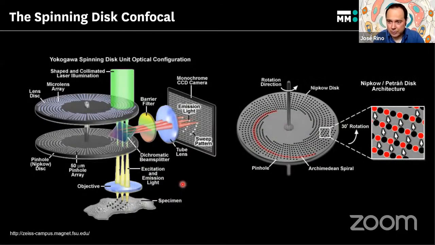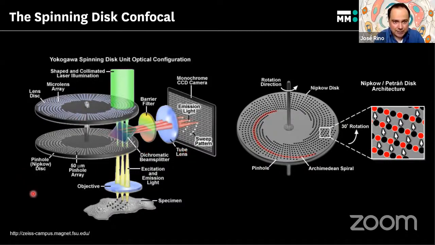Let me explain to you in more detail how this works. So this is the pattern of pinholes on the disk. The distribution of the pinholes follows an Archimedean spiral, which is a trajectory that makes sure that precisely each point on the sample will be scanned, will be illuminated, and light from it will be collected only once as the disk goes through one rotation.